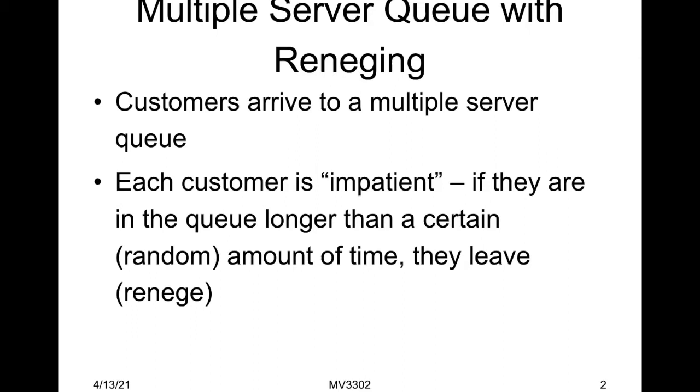In other words, whenever we join one of these lines, especially if it's just us and we're not stuck there with people in front of us, like with the car, sometimes if it's possible and you've been waiting too long, then you leave. And if we observe that, we notice that everybody leaves after a different amount of time.